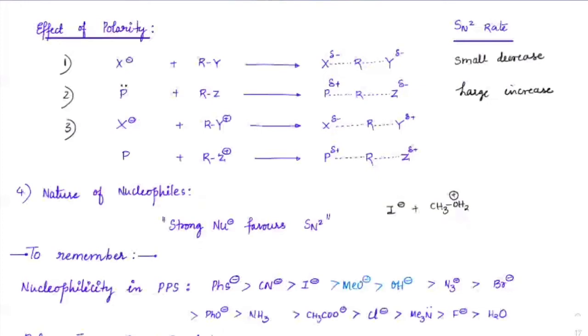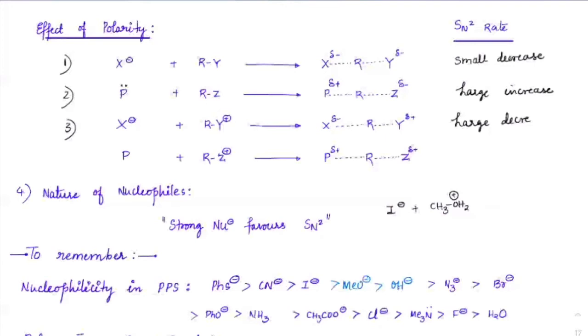Nucleophile is also charged, substrate is also charged, which means both are highly solvated. Would they make any kind of interaction? Very less. The interaction itself will not happen at all. So we can say there is a large decrease in the rate of SN2. If both are charged, then there will be a large decrease in the SN2 rate.